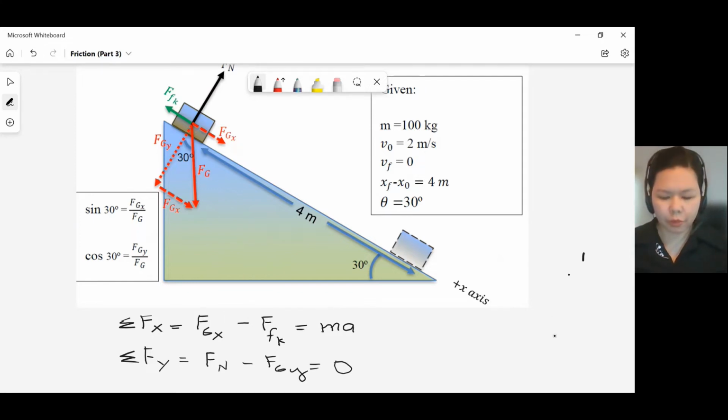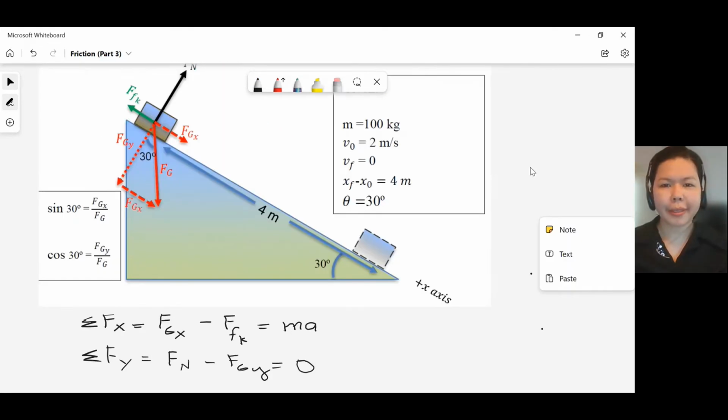We will now solve for the crate's acceleration. Even if we have ma, the acceleration, we have no Ffk.